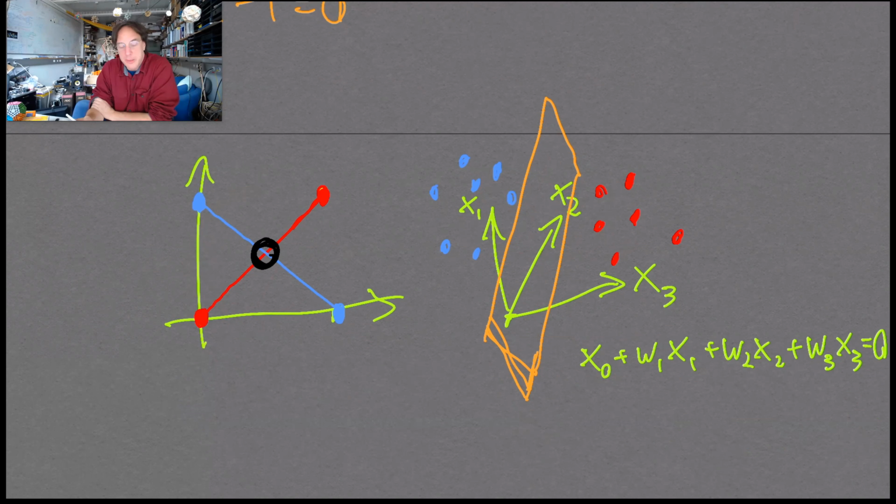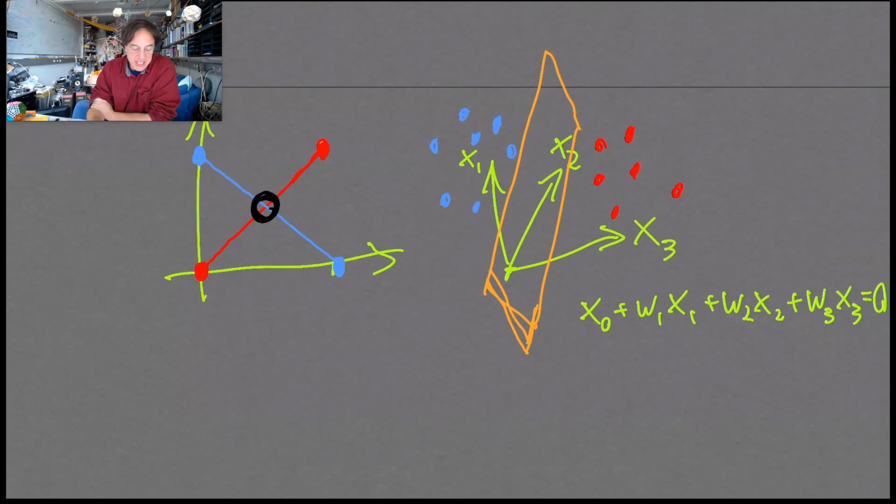So it's no problem. Okay, but if we have a bunch of dimensions, say we have 10 dimensions, and we have a bunch of red points and blue points, most of us can't picture 10 dimensions very well. And then we need to find 10 weights and a bias. So we need to solve for 11 values.